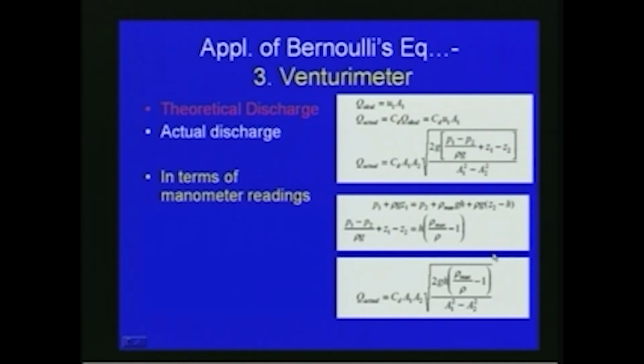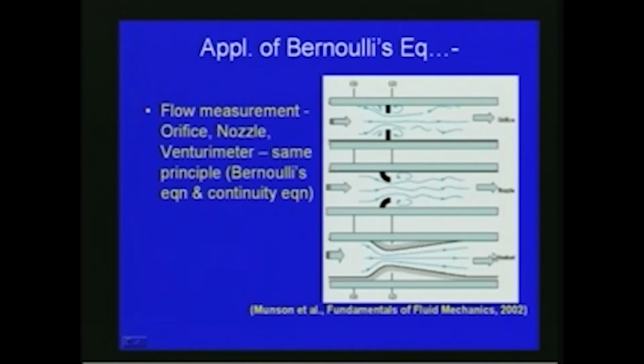So that was the application of the Venturimeter. Now we will see further applications of Bernoulli's equation. As we have seen for the Venturimeter, we can also have other mechanisms for flow measurement of discharge or velocity. The various flow measurement equipment are shown here: an orifice as shown in this figure, then nozzles, and the Venturimeter which we have already discussed.